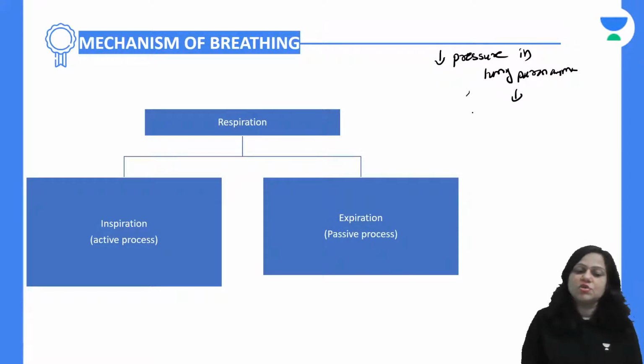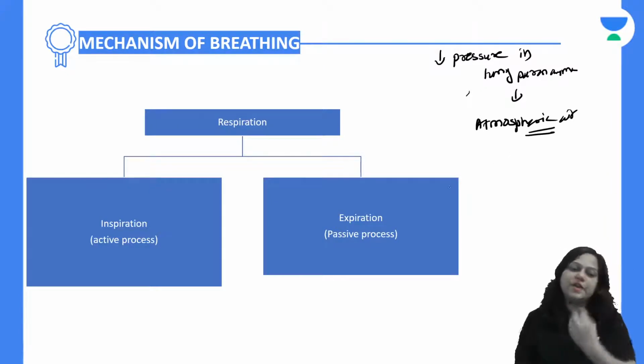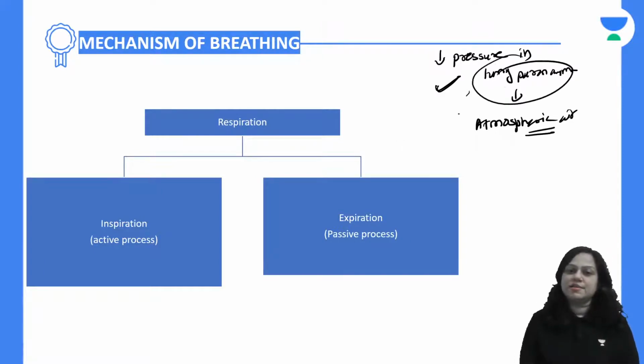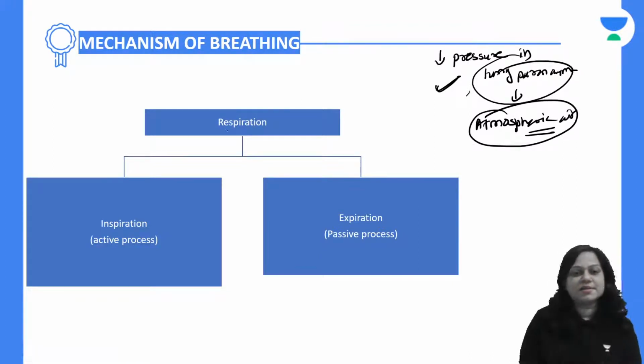It will cause movement of atmospheric air, drawn into the lungs. The reason behind that is the decrease in pressure inside the lungs. Because negative pressure is there, atmospheric air moves inside the lungs. So this is an active process.